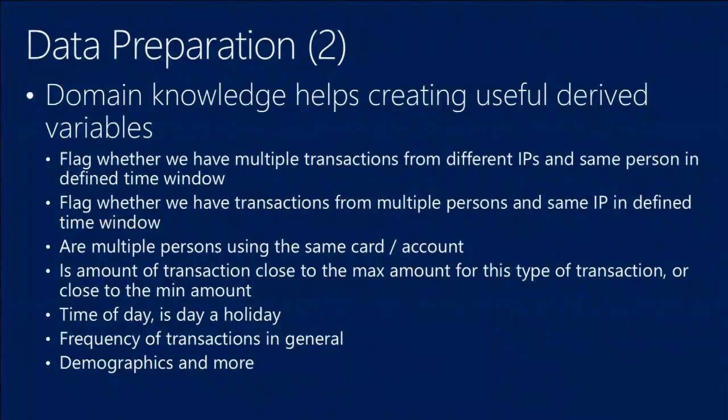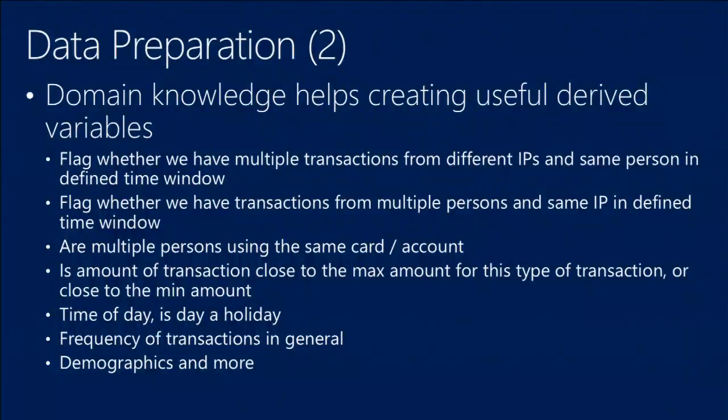So these are kind of variables that worked very well. For example, with this Italian online banking, we made derived variables where we flagged whether multiple transactions are coming from the same person, but from different IP addresses. We got username and we got IP address in a specific time window.